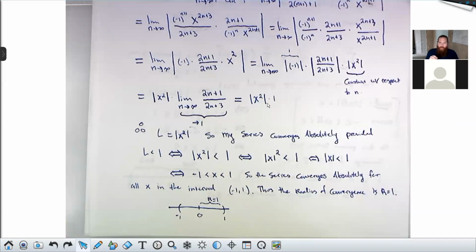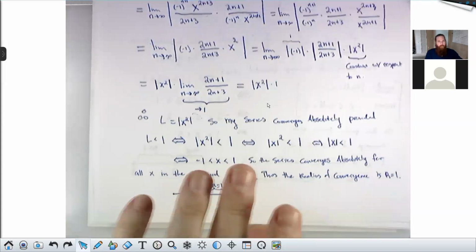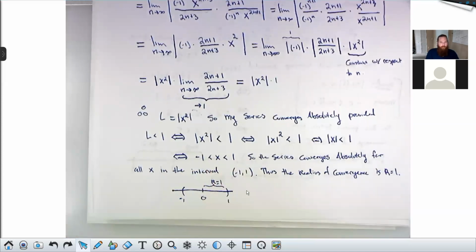But I still don't actually know the interval of convergence. Remember, the interval of convergence is all the x values so that the series converges. What I know for now is that if you take anything from the open interval, the series converges absolutely. But I don't know what happens at the endpoints.